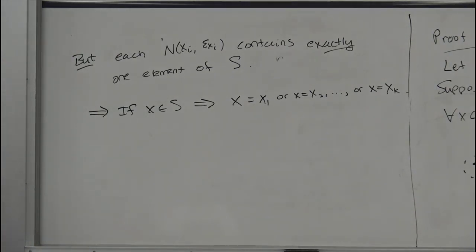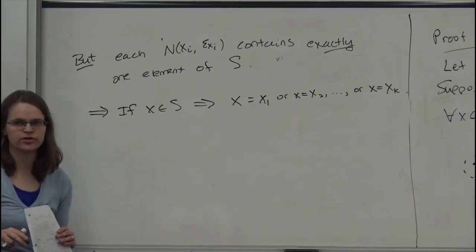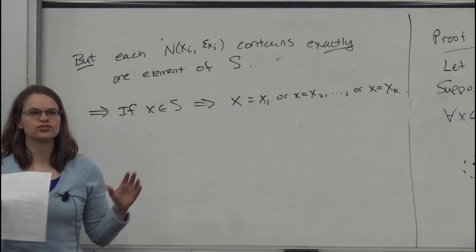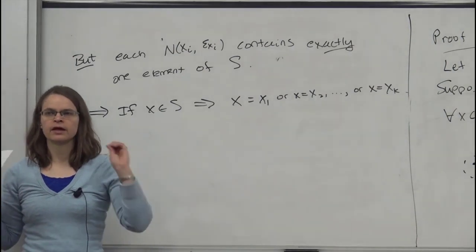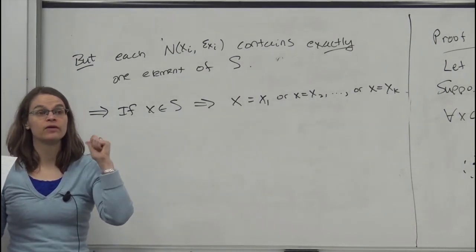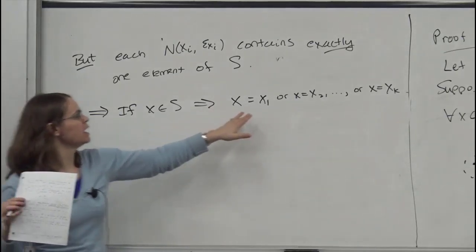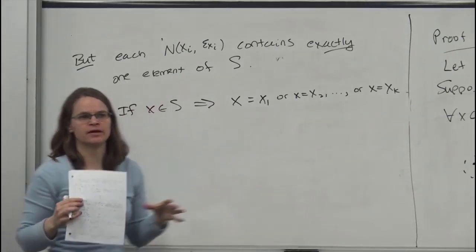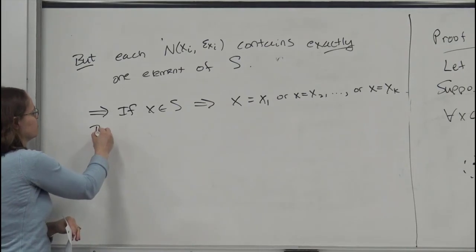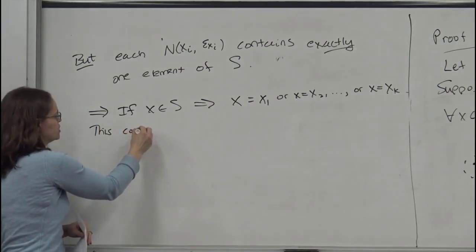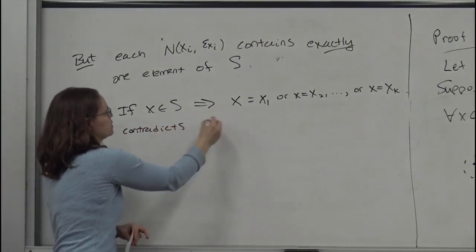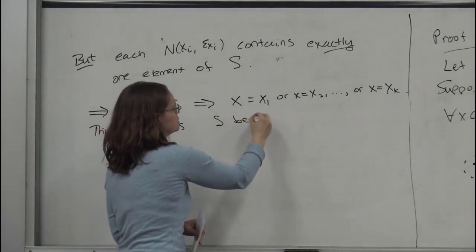And this is a problem, because the hypothesis of our theorem said we're starting with S being bounded, but also infinite. It has infinitely many values. And we've just shown that we can only possibly have finitely many values. So this contradicts S being infinite.